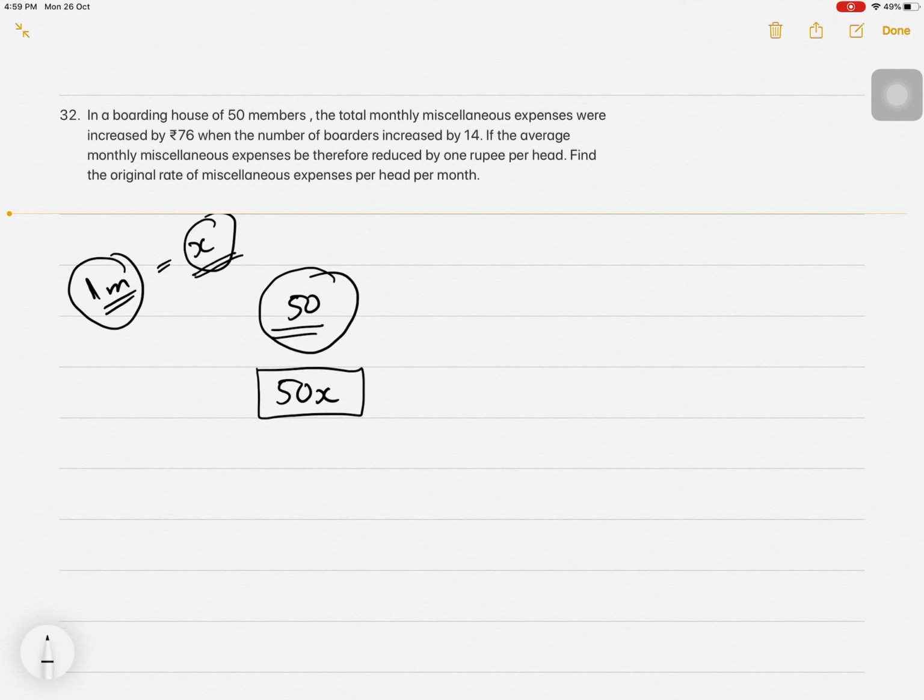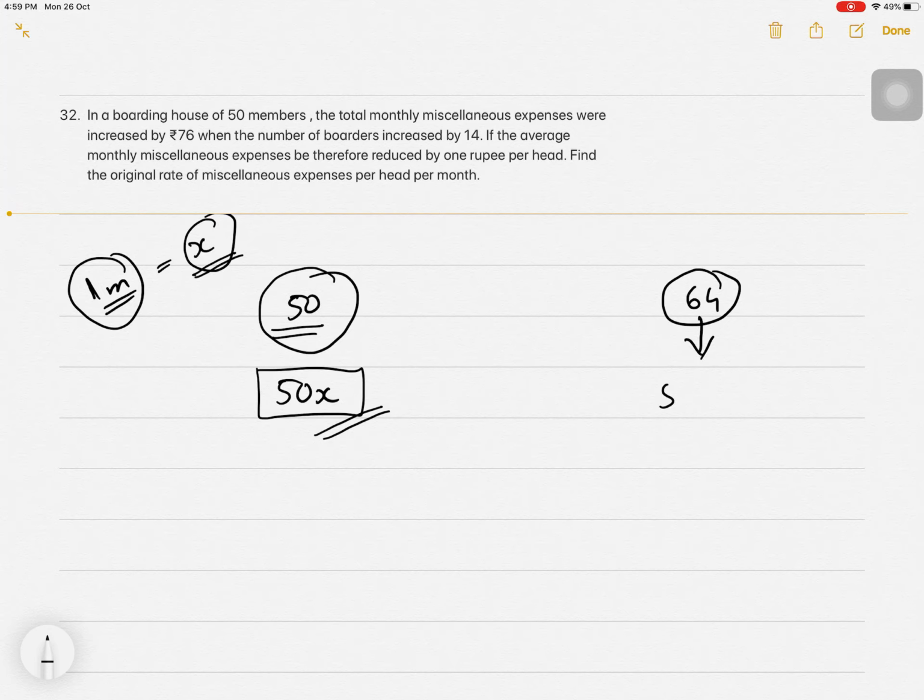Correct? The total monthly expense was increased by 76 when the number of boarders increased by 14. That means 50 plus 14, when the members became 64, the monthly miscellaneous expenses increased by 76. The expense was 50x.